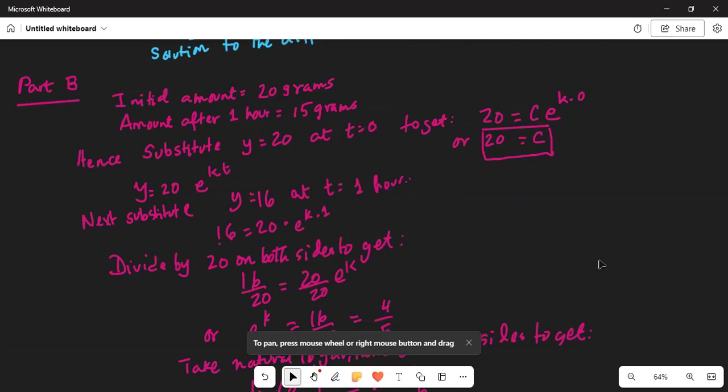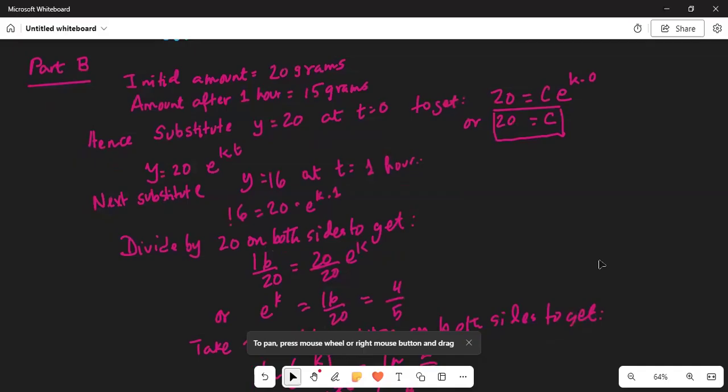Why do we need that information? Because we will plug it in the equation so we get to solve for k.